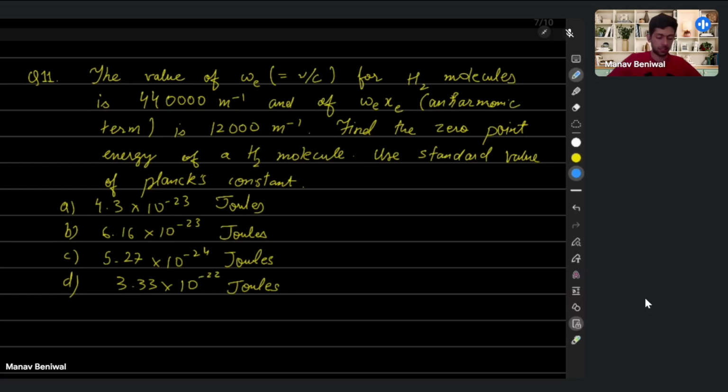Let us read the question carefully. So what are we given? We are given the value of omega E for H2 molecules, and of omega E xe, which is the anharmonic term. Note that they are using omega E, but it is nothing but nu by c. So this is wave number.